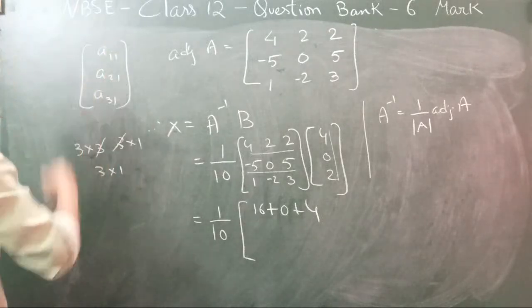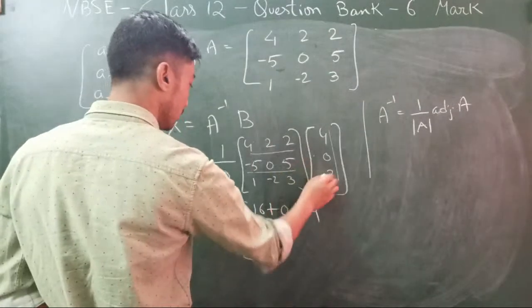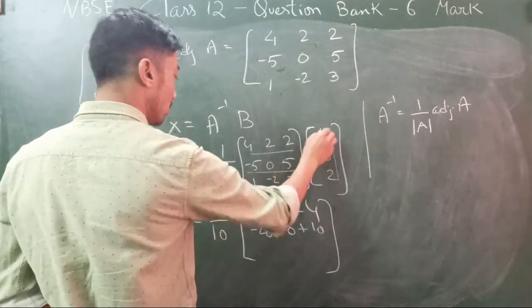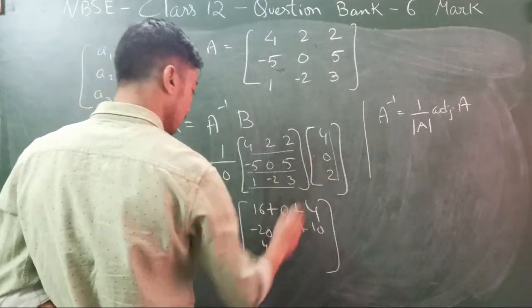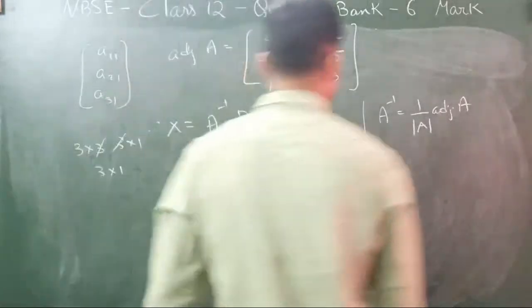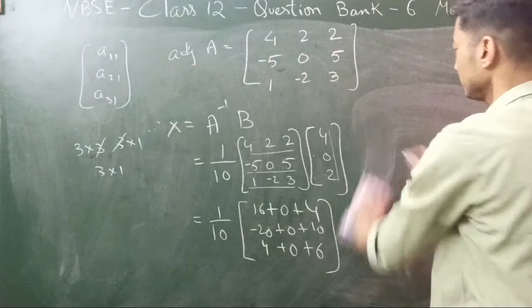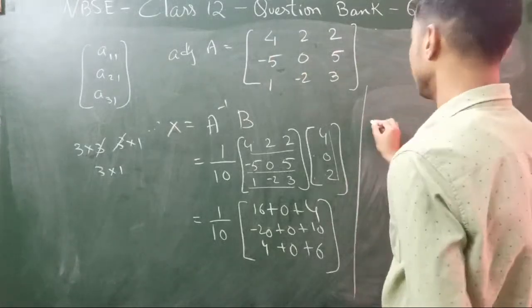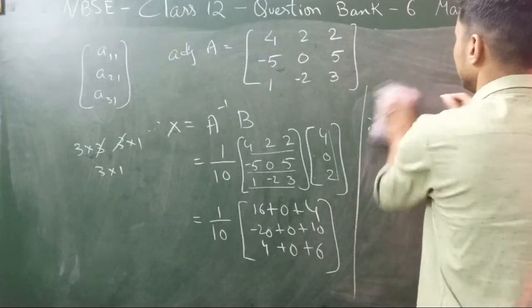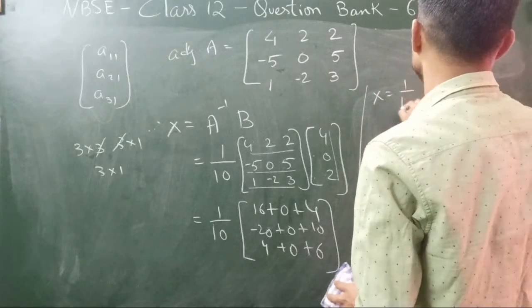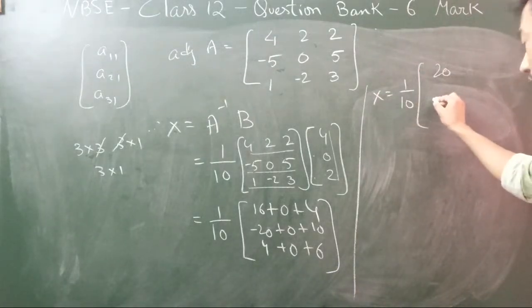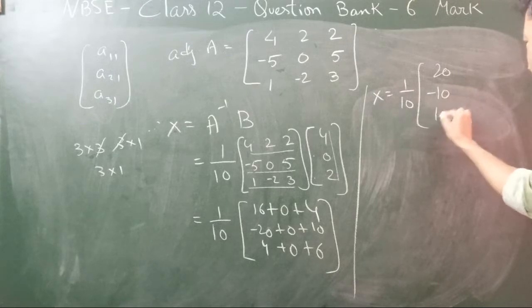Second row, first column: 5 2s are 10, and 1 4s are 4, 0, 3 2s are 6. So x would be 1 by 10, 20, minus 10, 10.